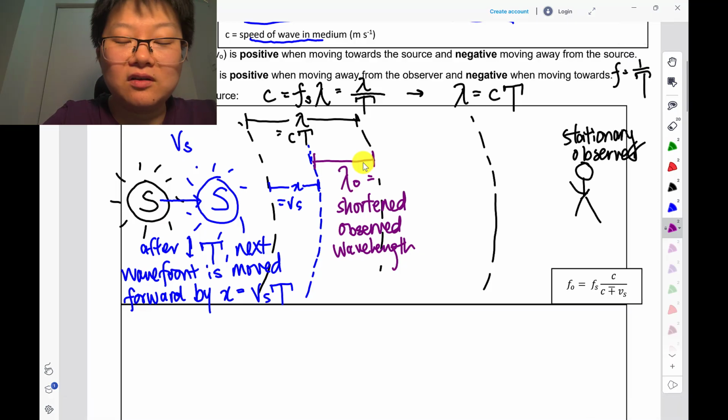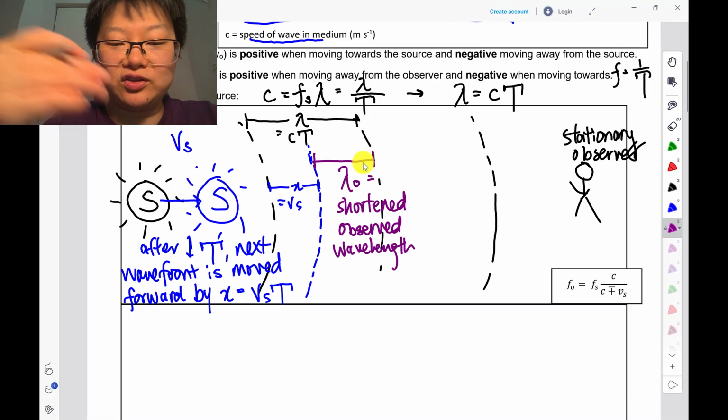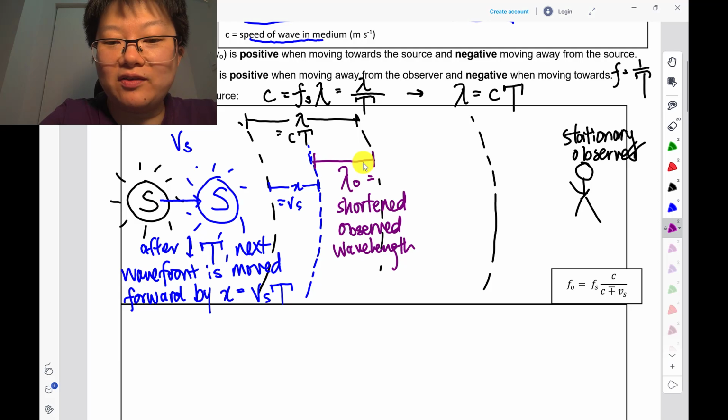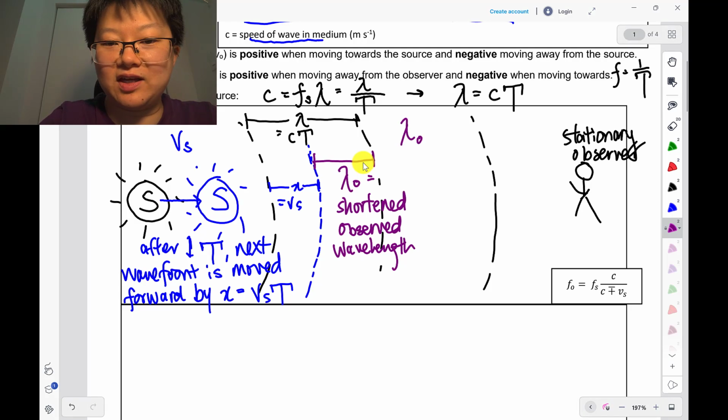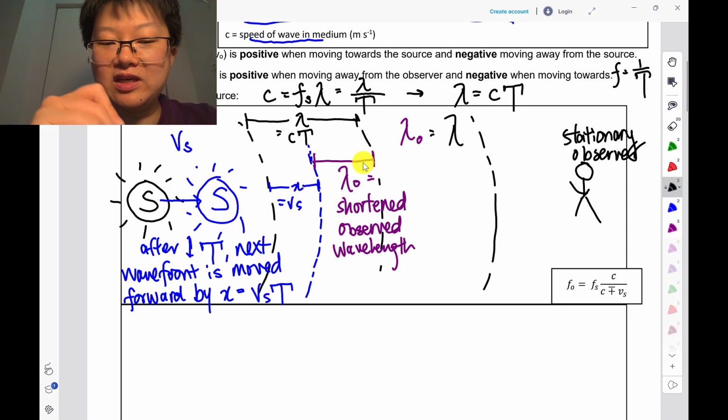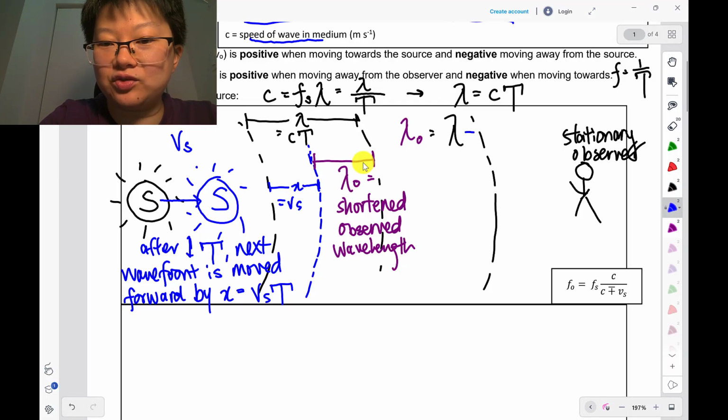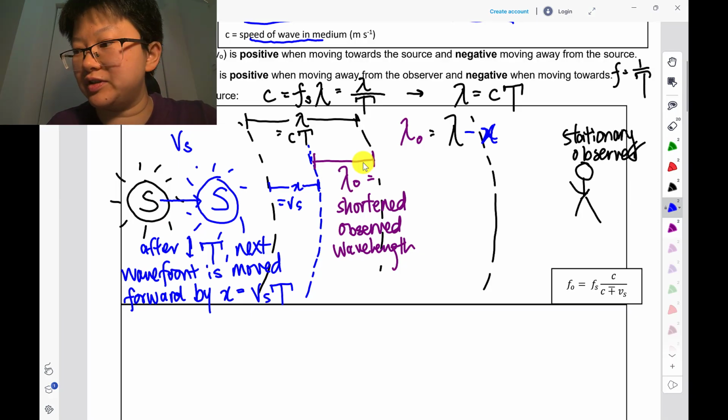I could do either plus or minus, but I want everything in terms of the observed wavelength because that's what I'm solving for. So this lambda naught, the observed wavelength, is going to be equal to the entire wavelength minus the extra distance that is traveled due to the moving source.